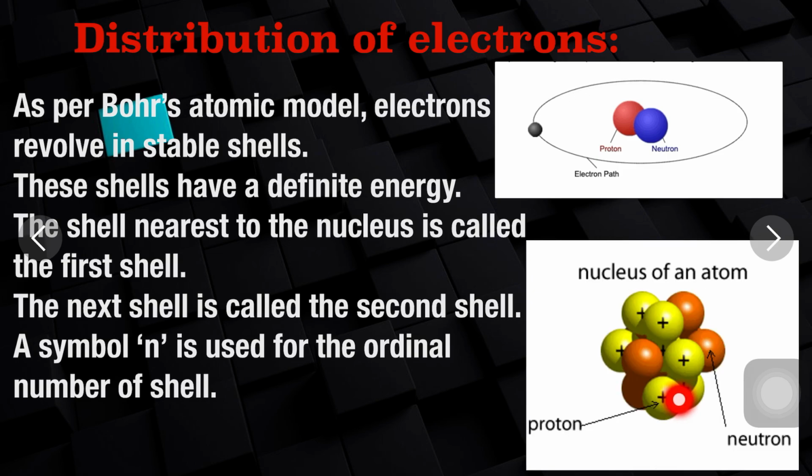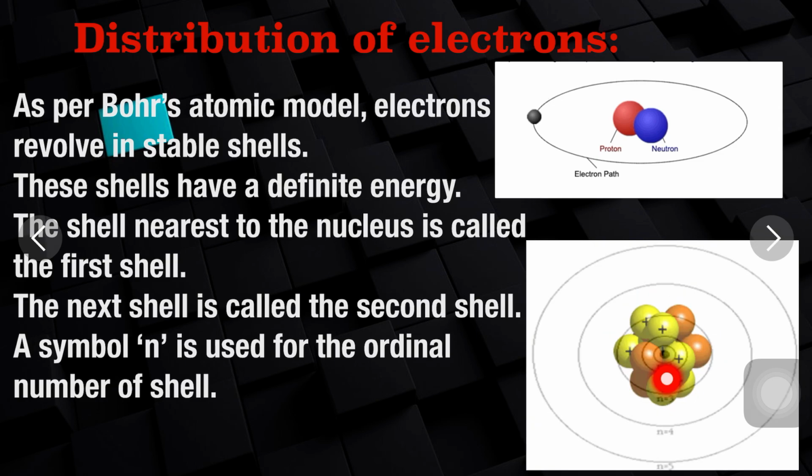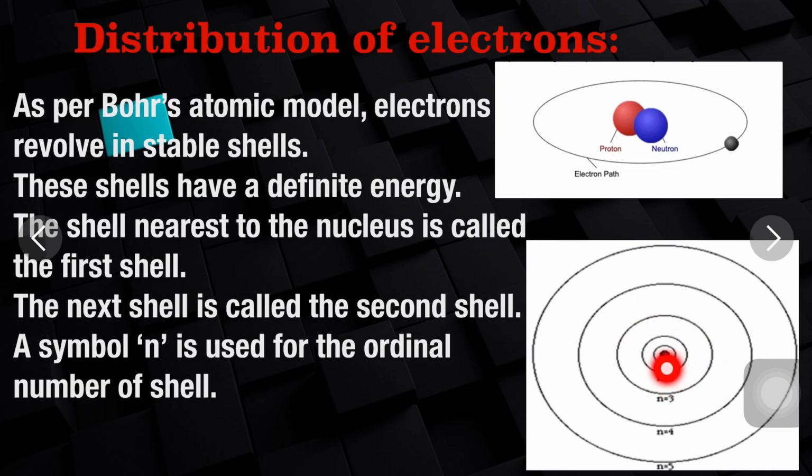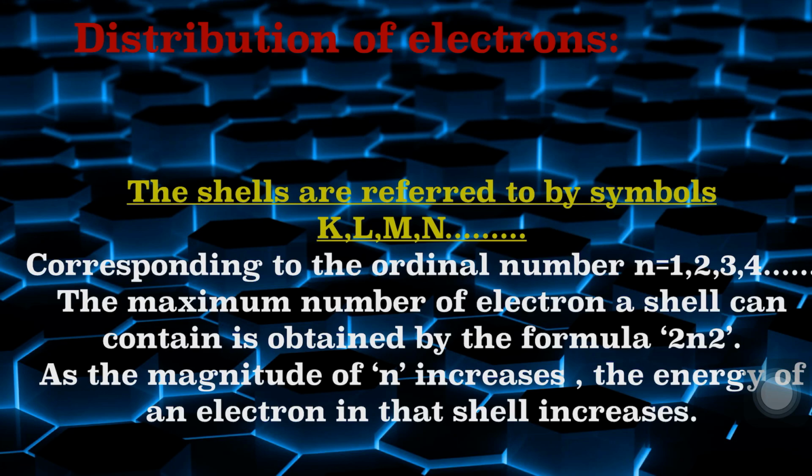A symbol n is used for the ordinal number of the shell. So student, the shell nearest to the nucleus is called the first shell, then the second shell, third shell, and so on.